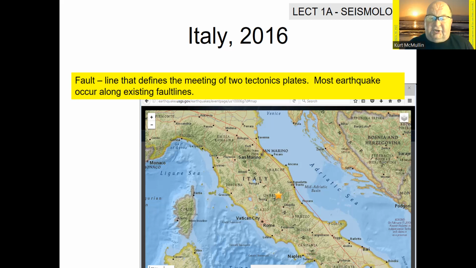And in the map, it's shown as a star. As you can see, the epicenter of this earthquake is not on the fault line. Whether the fault goes directly downward or not, oftentimes they slope, and so the earthquake underneath the ground may show an epicenter actually quite a distance away from the fault line.